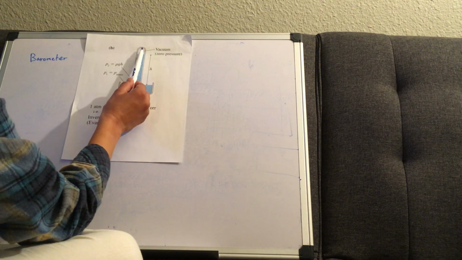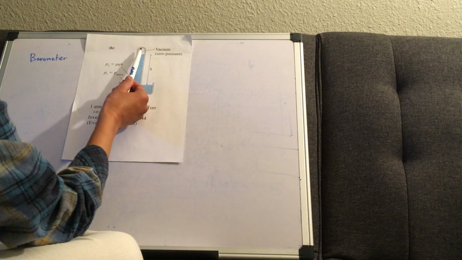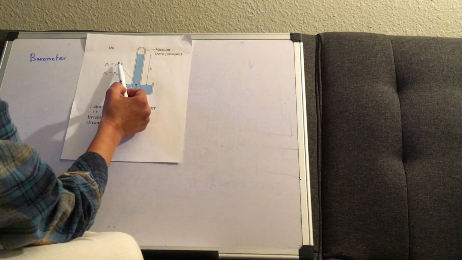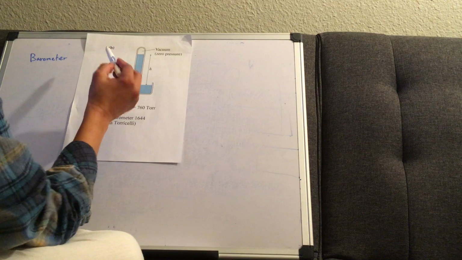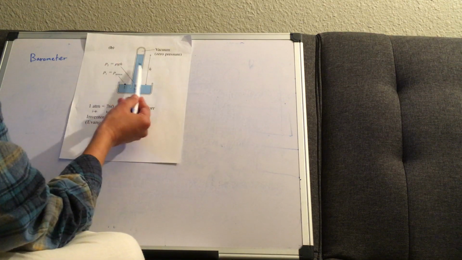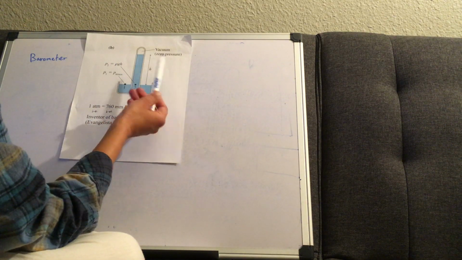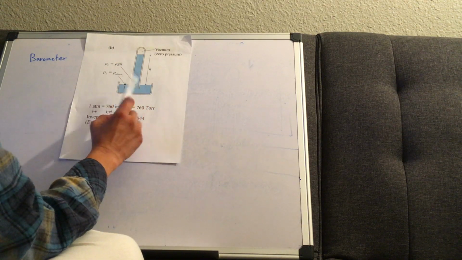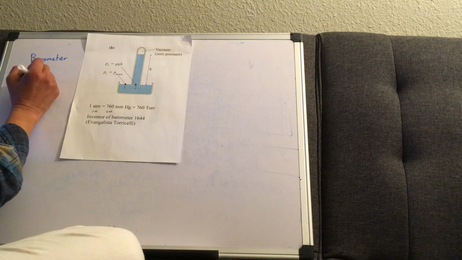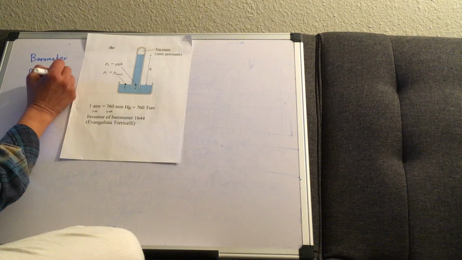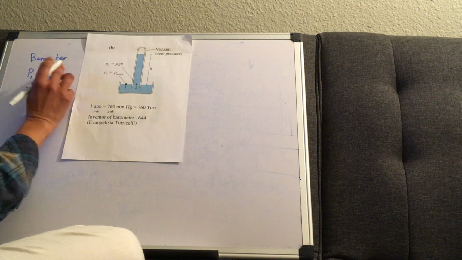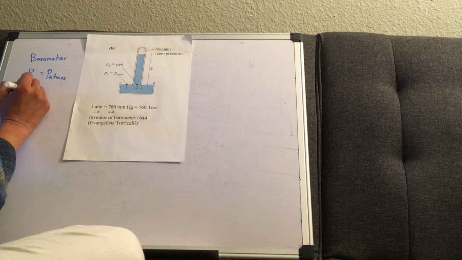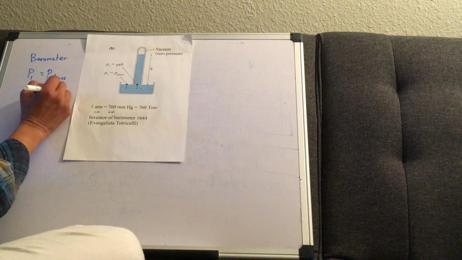Because we don't have anything. Usually we used to have a P naught here, but it's vacuum, so all we have is rho gh. This comes from the hydrostatic pressure equation, because this fluid is at rest, or not moving. So now we have P1 equal to P ATM, and P2 equal to rho gh.